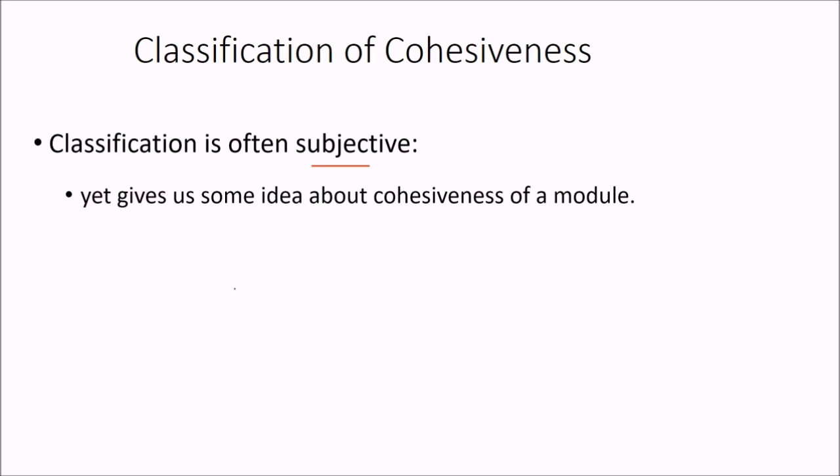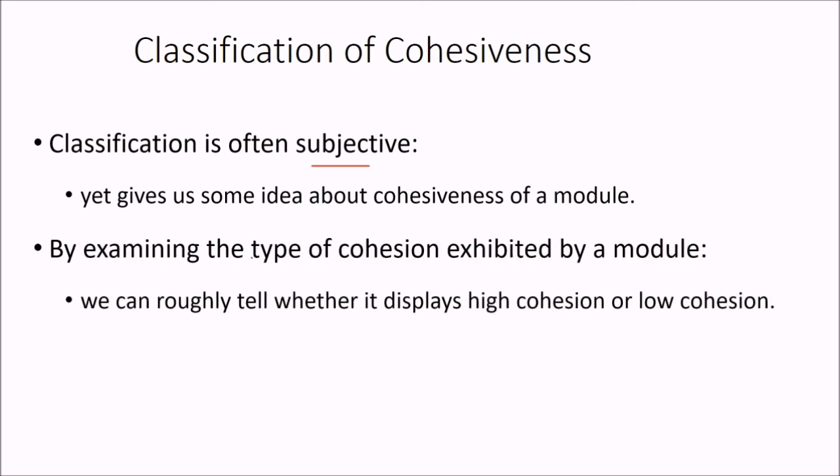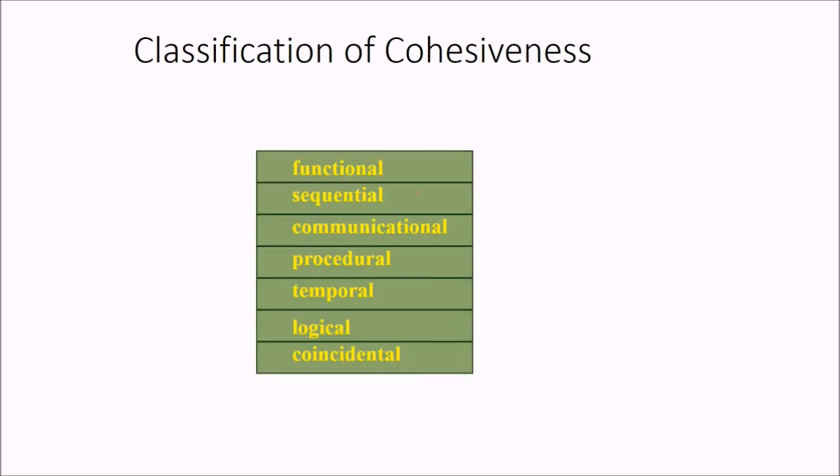Just by examining the type of cohesion exhibited by a module, we can roughly tell whether it displays high cohesion or low coupling, and only experienced eyes can tell very well. So these are the classifications of cohesion: functional, sequential, communicational, procedural, temporal, logical, and coincidental.